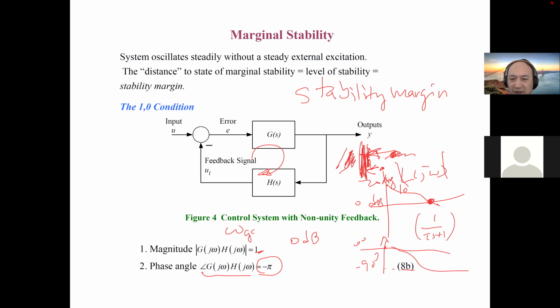We know this transfer function; this one will go to minus 90 degrees, right? This is linked to the omega called the bandwidth or cutoff frequency.